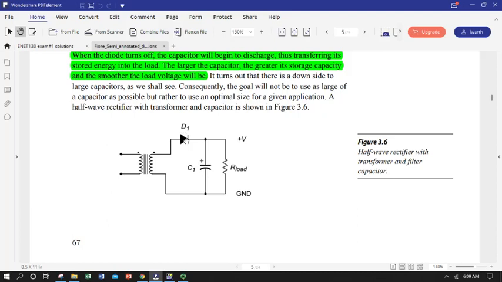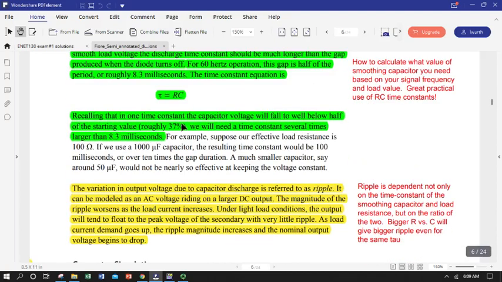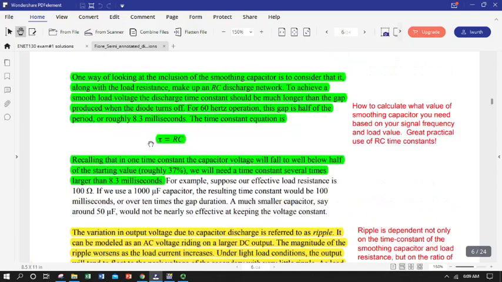Now the only question left is, how big of a capacitor do we need? And thank goodness we studied RC time constants back in our DC course, or assuming you did. So we know that the time constant of an RC or an RL circuit is related to the time it takes for a signal to decay to some value, 1 over e.